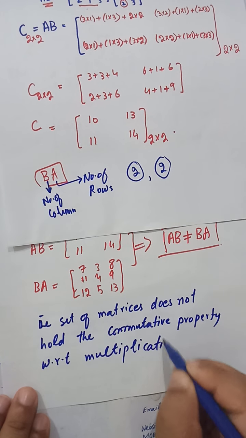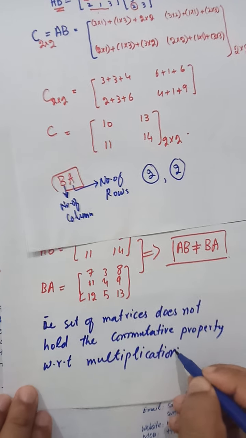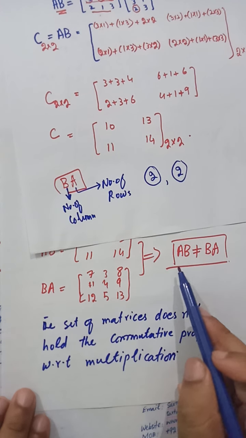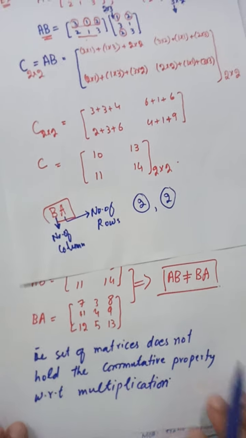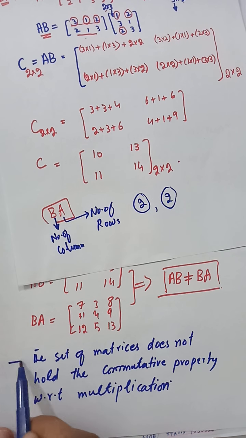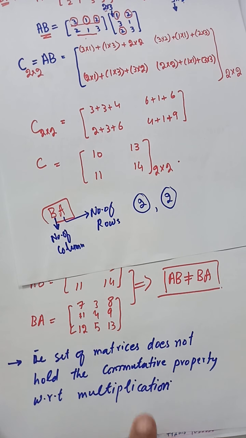You clearly see it from here that A multiplied by B is not equal to B multiplied by A. So this is an important point. The set of matrices does not hold the commutative property with respect to multiplication.